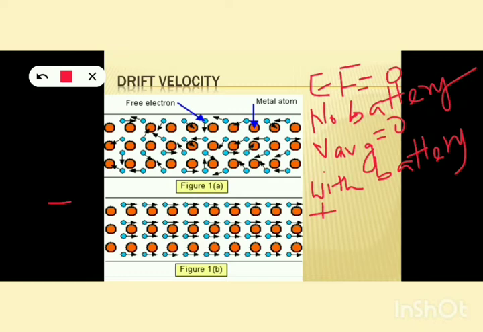For example, this electron first collides with this atom. After that, it collides with this atom. So in between these two collisions, the electrons gain some velocity. And this velocity gained in between two successive collisions is known as drift velocity.